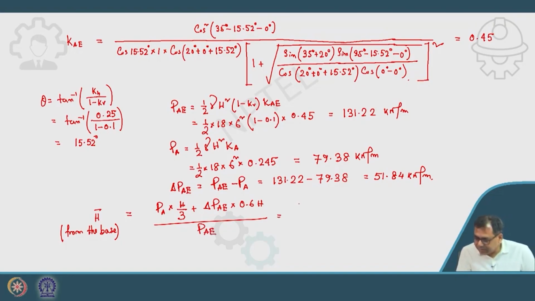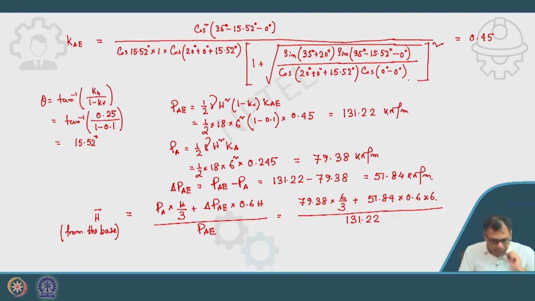So PA is 79.38 into 6 by 3 plus 51.84 into 0.6 into 6, divided by PAE, which is 131.22. So that will be 2.63 meter from the base.